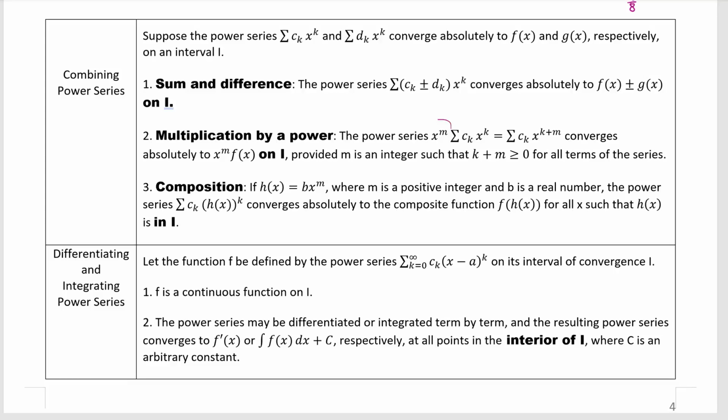When we multiply by an extra factor of x to the m, then it converges to f times that extra factor of x to the power of m. Okay, third, composition.